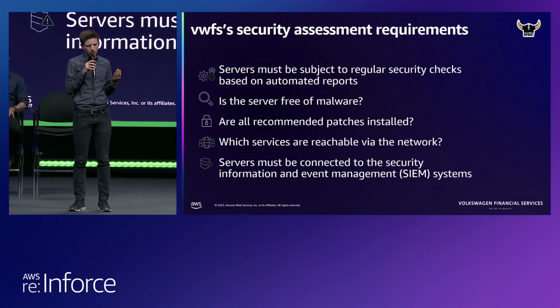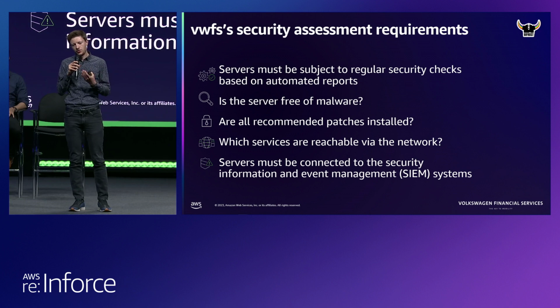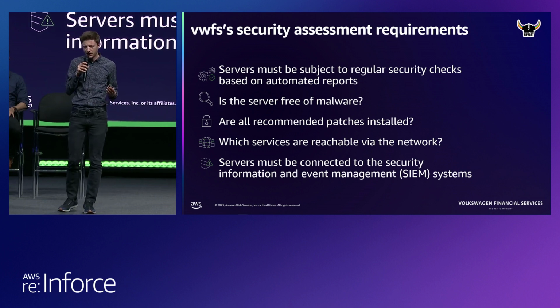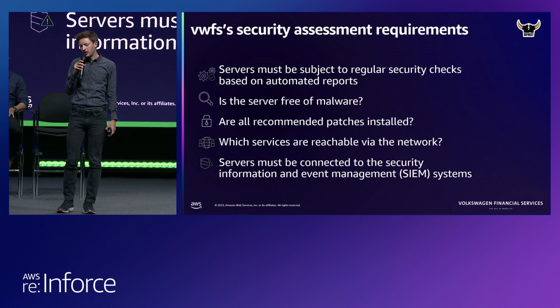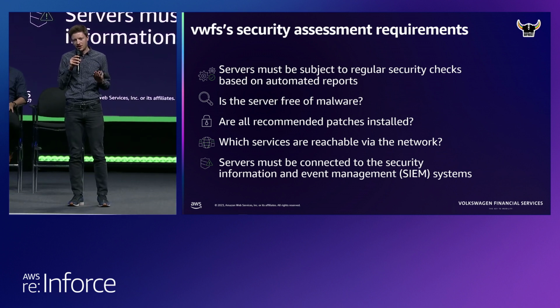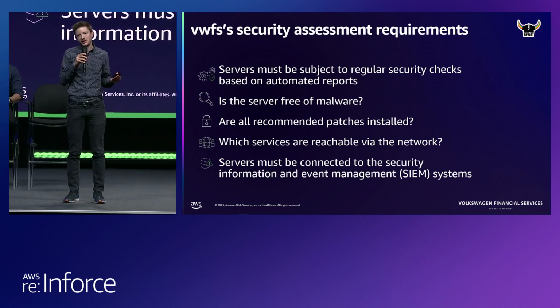First of all, servers must be subject to regular security checks based on automated reports. This means we need to report on servers, we need to report on what kind of vulnerabilities exist, and we need to ingest them also into our SIEM. Then we need to comply and also prove that our servers are free of malware, because in the end, that's where our critical banking applications are running. If they are affected by malware, it's a huge risk.